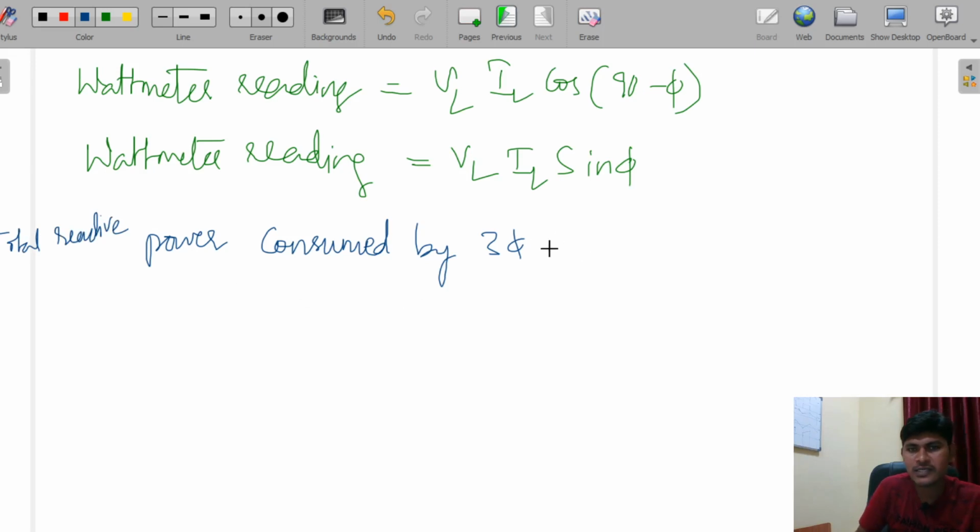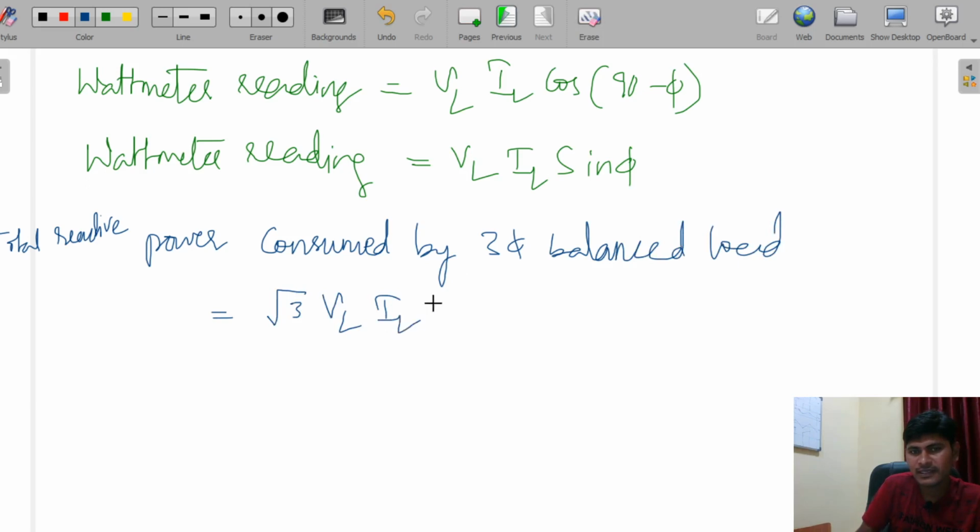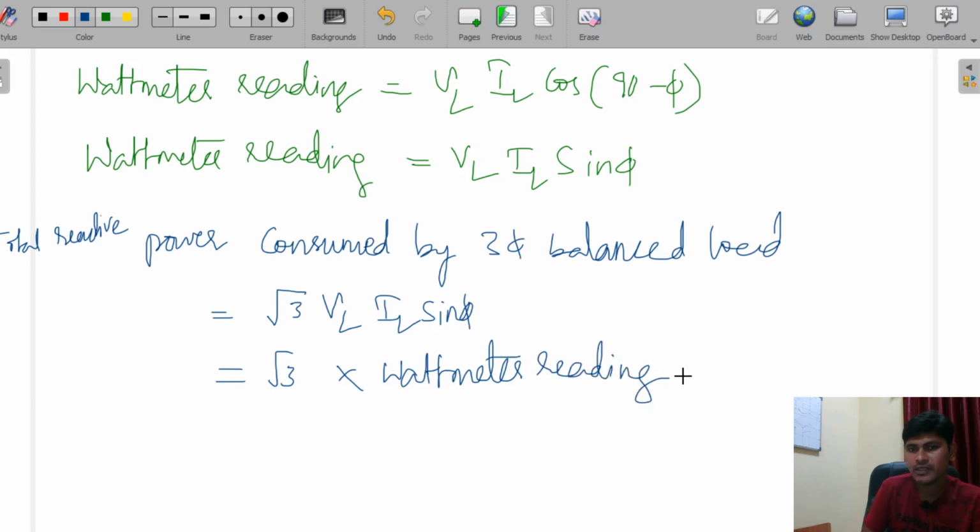The reactive power consumed by a three-phase balanced load is equal to root 3 VL IL sin phi, which is equal to root 3 into the wattmeter reading. The wattmeter gives only VL IL sin phi.